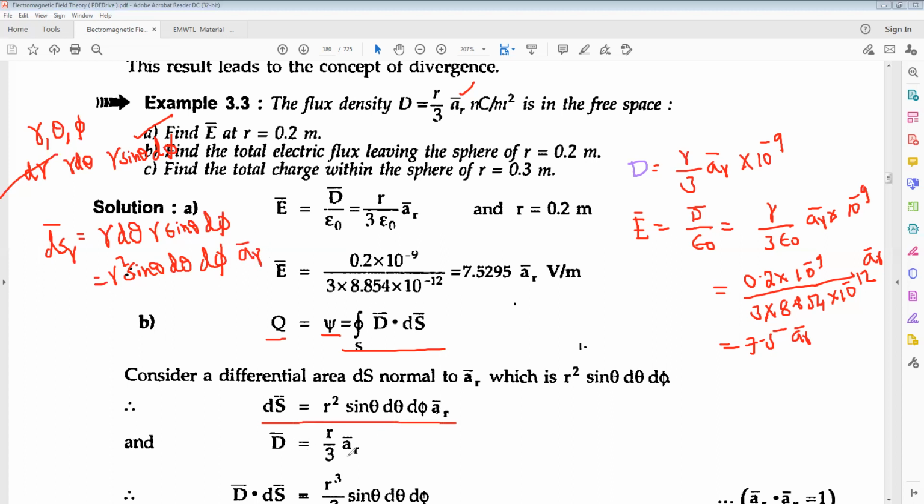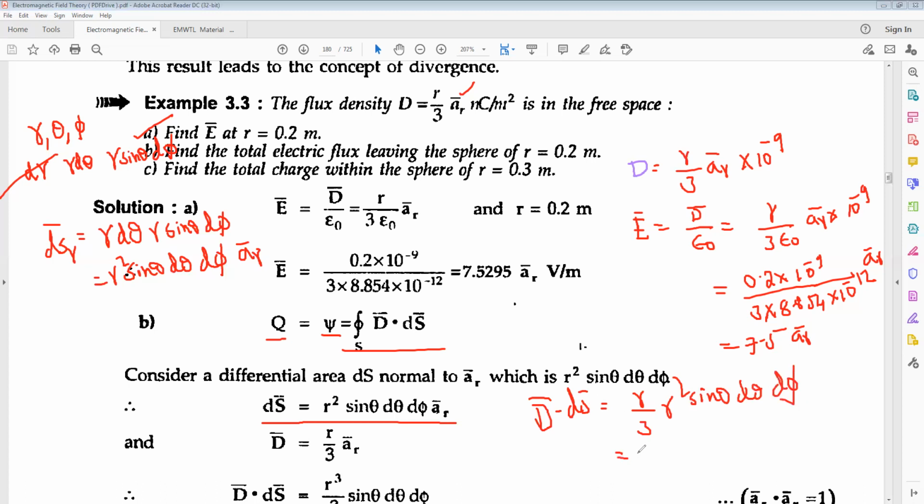D bar is given as r by 3 a_r. Substitute in Gauss law, D bar dot ds bar. What is D bar? r by 3 a_r, and a_r dot a_r is equal to 1. So the remaining is r square sine theta d theta d phi.